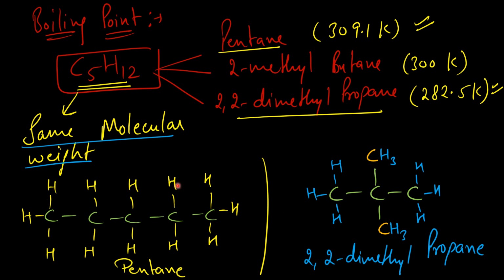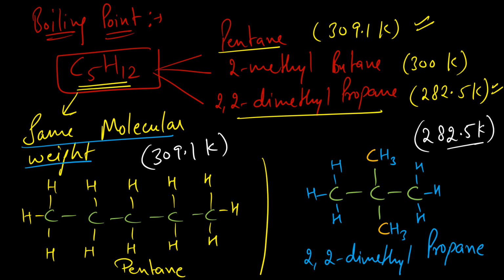Here we have the large surface area. So due to its large surface area, this has a high boiling point, 309.1, while 2,2-dimethylpropane has 282.5 Kelvin. So this is the reason 2,2-dimethylpropane has a lower boiling point as compared to pentane.